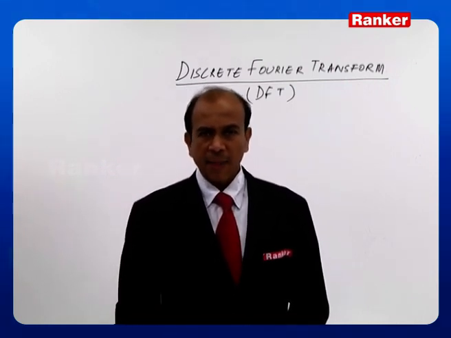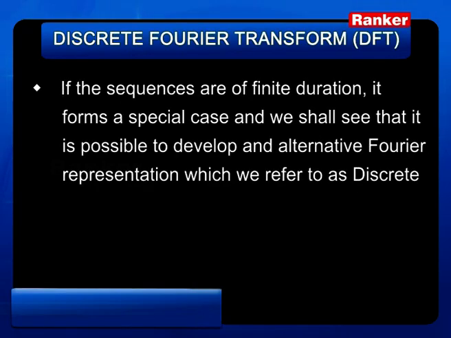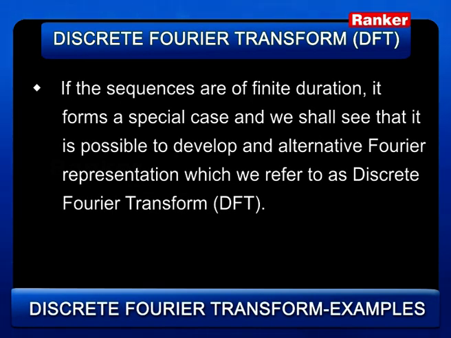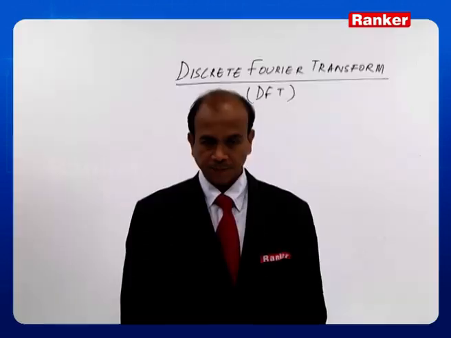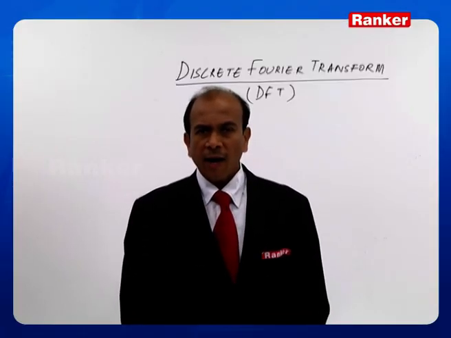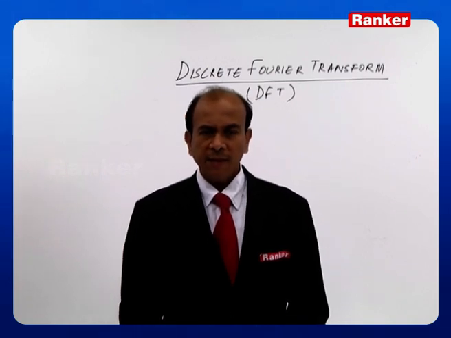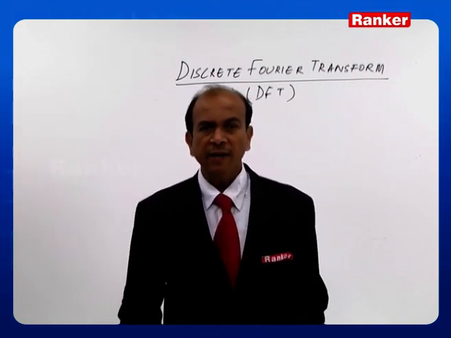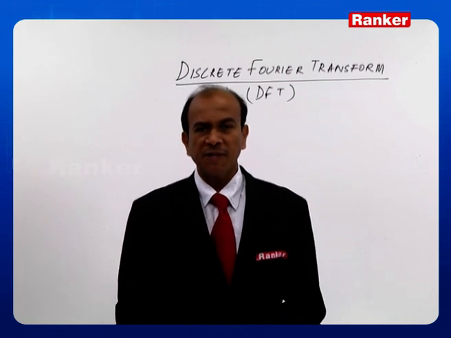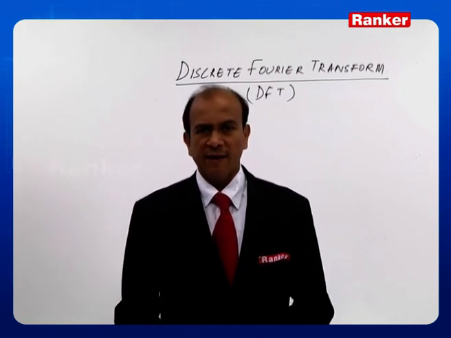Okay, let us see this. The first point is, if the sequences are of finite duration, it forms a special case, and we shall see that it is possible to develop an alternative Fourier representation which you refer to as discrete Fourier transforms. If the sequences are of finite duration, that means they don't exist from minus infinity to plus infinity, but they exist over certain finite ranges.